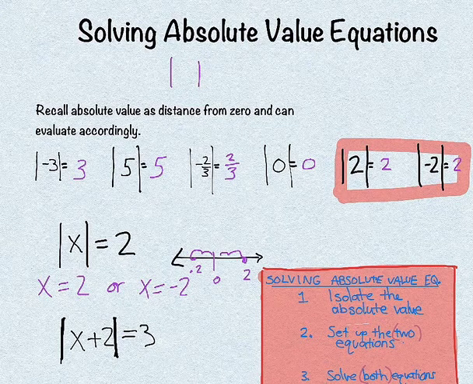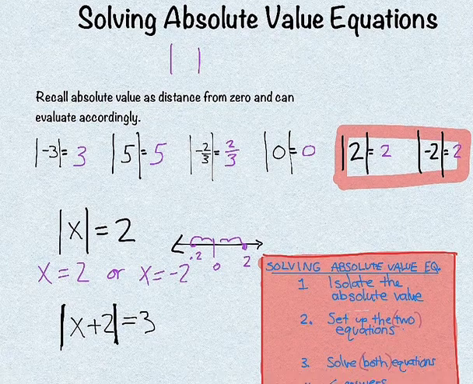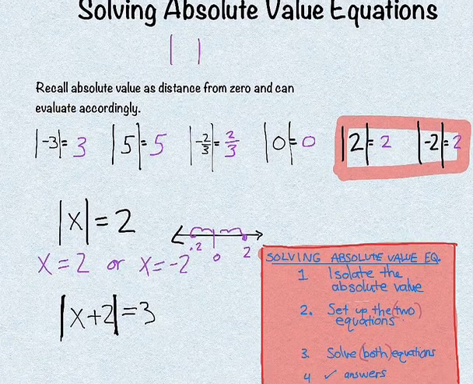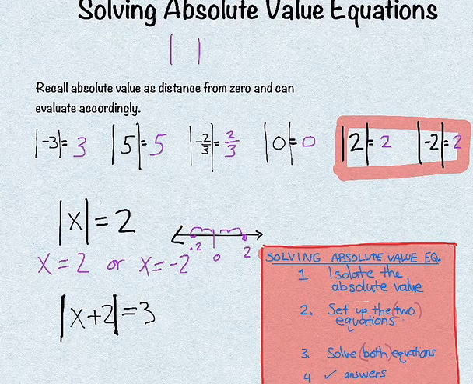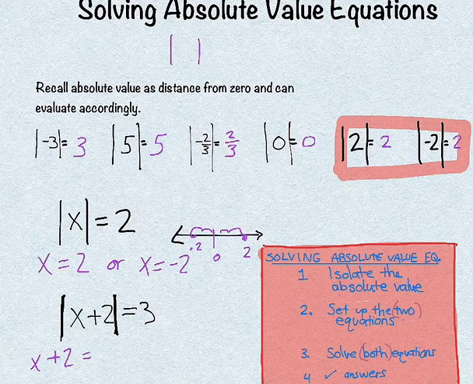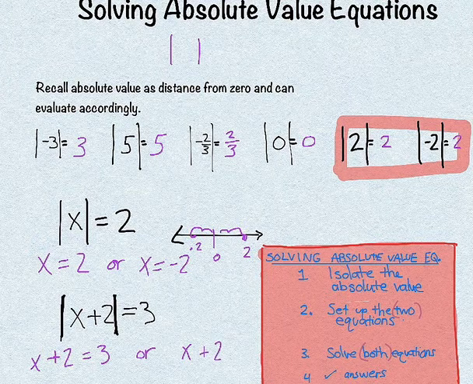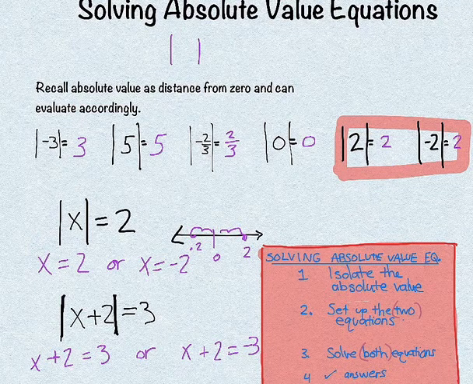So if I had the absolute value of x plus 2 equals 3, I think of it visually. If I'm traveling 3 spaces from 0, I could end up at +3, or I could end up at -3. My steps for solving are in the red box at the right.